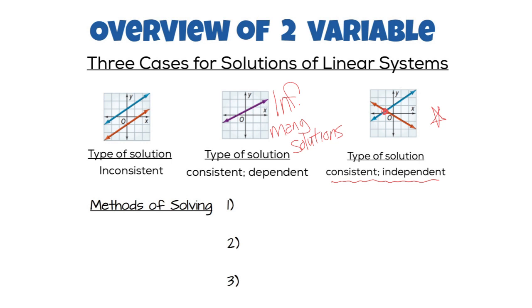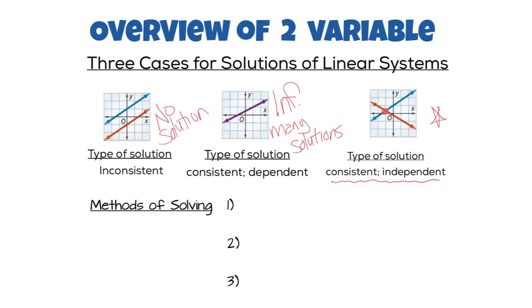All right, and then the third scenario would be this: two lines and they end up being parallel. Again, kind of a rare situation, very specific, but when you look at where they intersect, well, they don't. So we consider that an inconsistent system, meaning there is no solution for that. So we would write no solution if that happened.